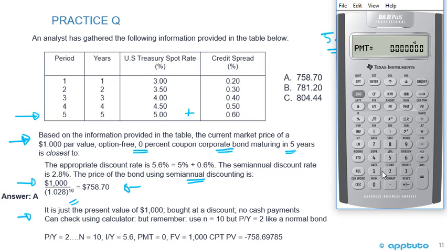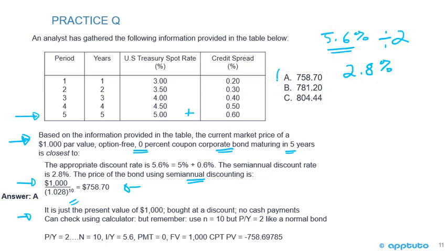And the interest rate per year, I don't need to adjust it because I've checked my parameter, is going to be 5.6%. And the N is going to be 5, second N. Okay, so we're going to compute the present value, and it's going to be 758.69. So the correct answer is A.